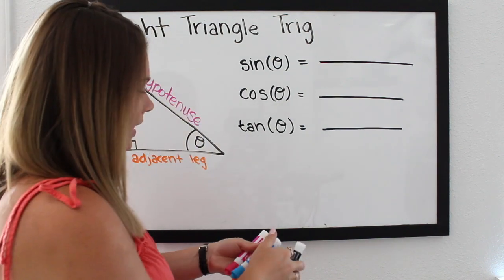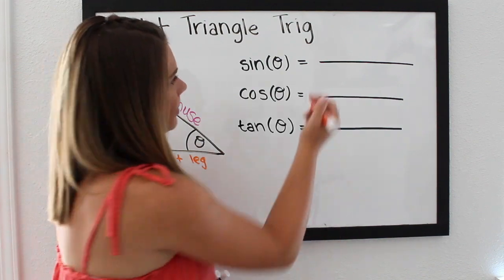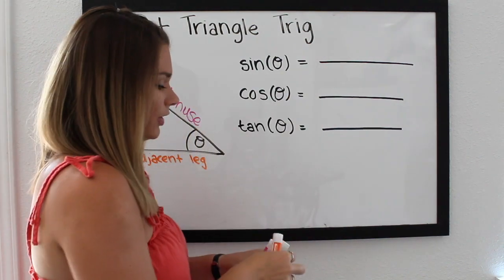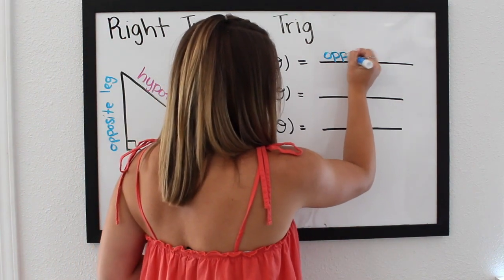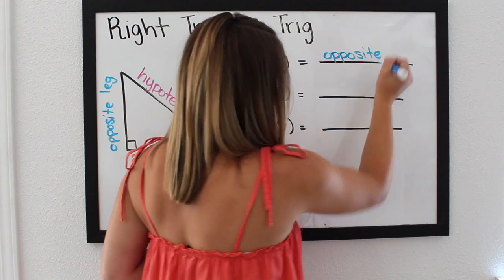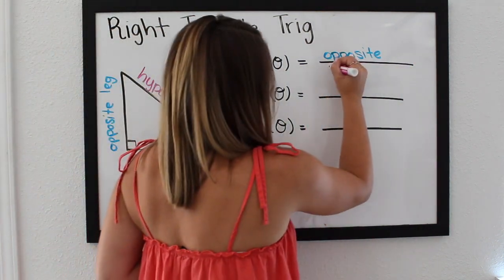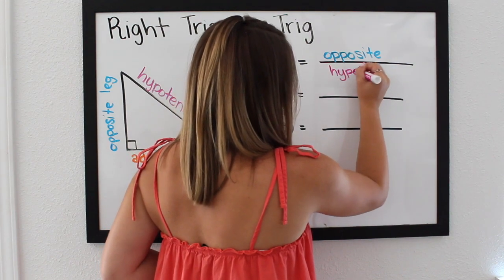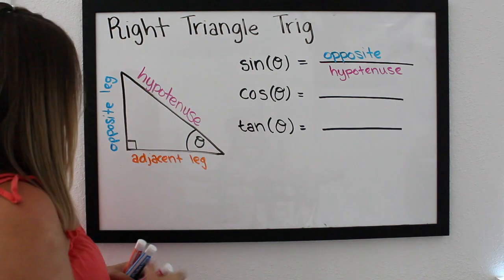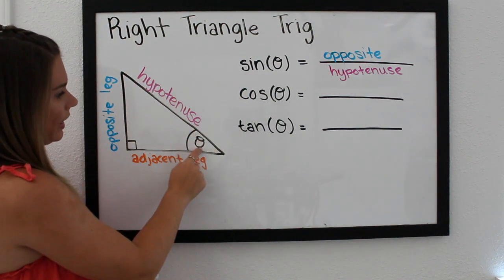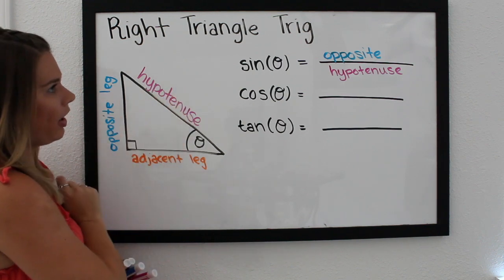Okay, so sine of theta is equal to the ratio of the opposite side over my hypotenuse. Sine of theta is equal to the opposite leg over the hypotenuse.